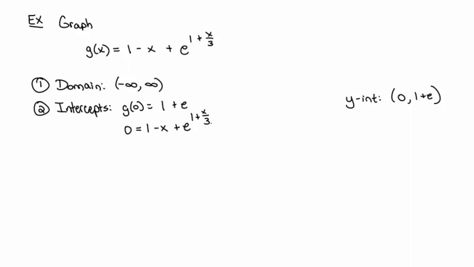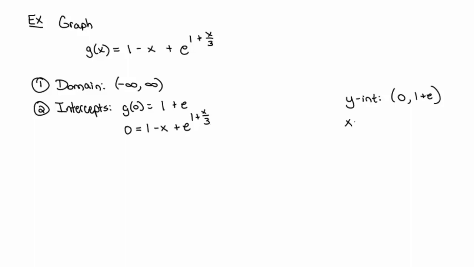However, because it's a mixture of two different types of functions, specifically algebraic and transcendental, or exponential, I should say, it's not possible for us to analytically solve this by hand. So I'm not going to say there's no x-intercepts, but I am going to say that I'm not going to find the x-intercepts.